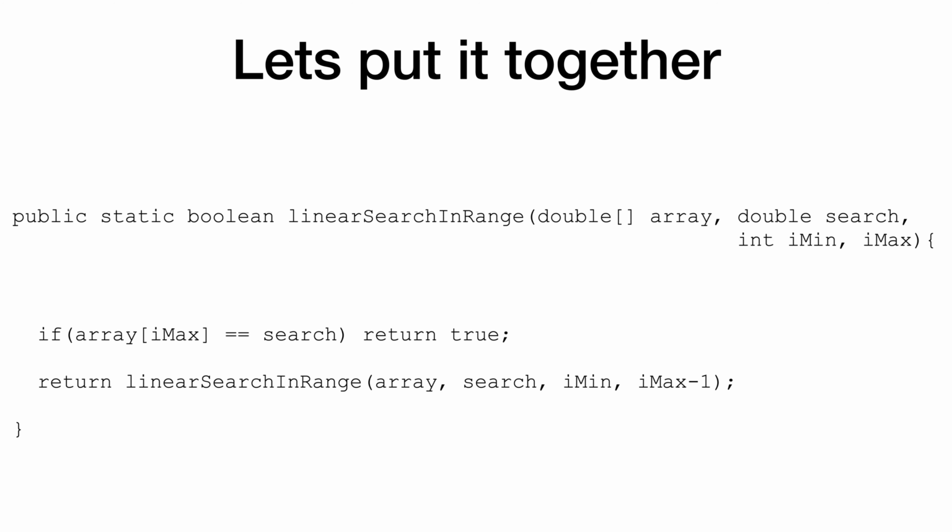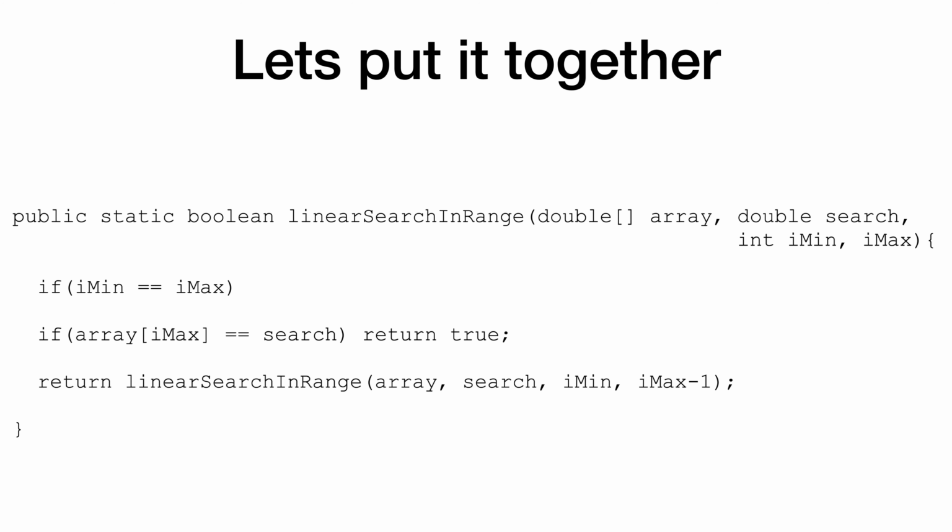So now we have that, and this will keep going. And eventually, min will be bigger than max, because max will become, say, negative. So we need to stop at some point. And we need to stop when the recursive call would be negative. So we're going to stop when imin equals imax.